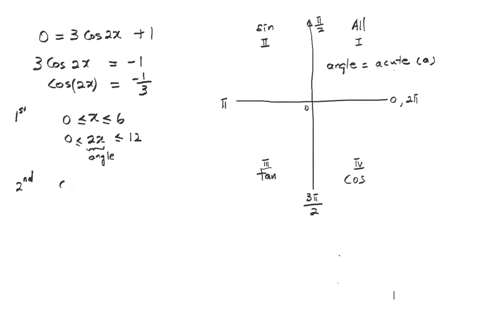I'm talking about cos here. So cos of the acute angle is equal to 1/3. I don't care about the sign. So what is the value of the acute angle? It will be cos inverse 1/3. Can you please take out your calculator and get it?